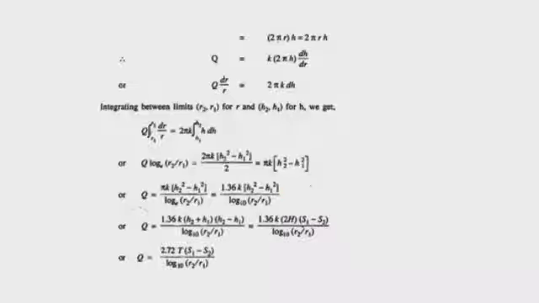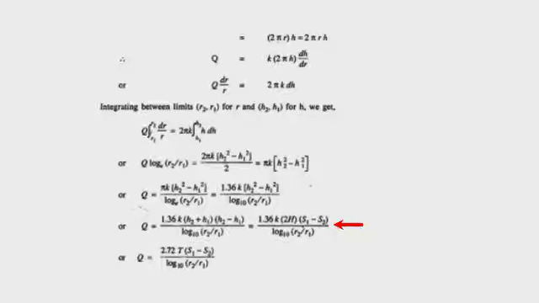Then this is equal to 1.36 K into 2H into (s1 minus s2) divided by log_10 (r2 divided by r1). Here we will discuss how we kept 2H in place of h2 plus h1, and we kept s1 and s2 in place of h2 and h1.